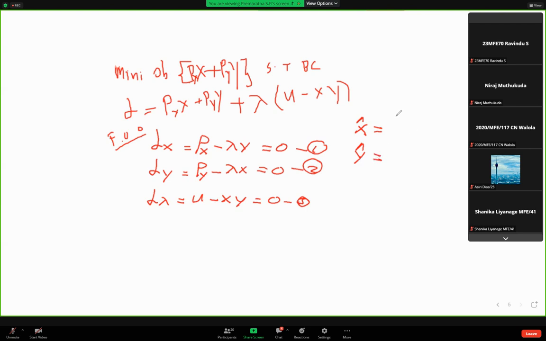So here, definitely you get for x, the square root of py u divided by px, and for y, the square root of px u divided by py.